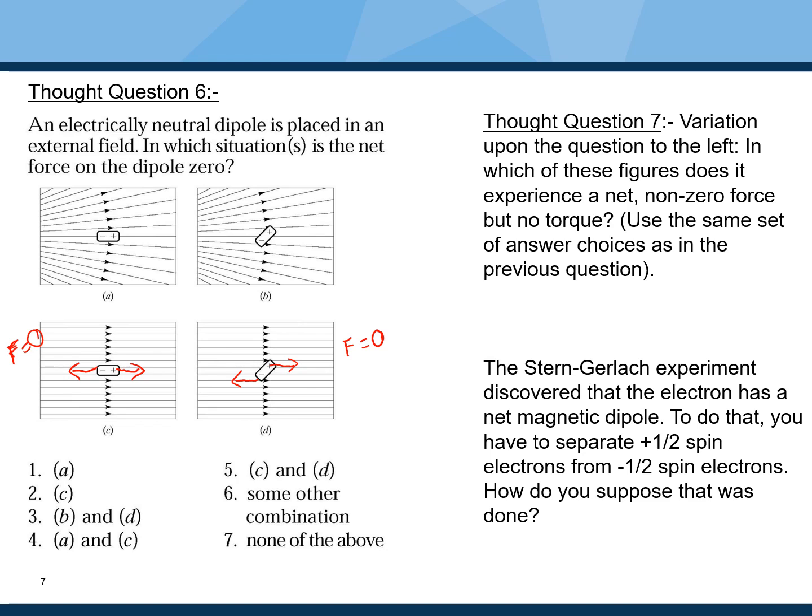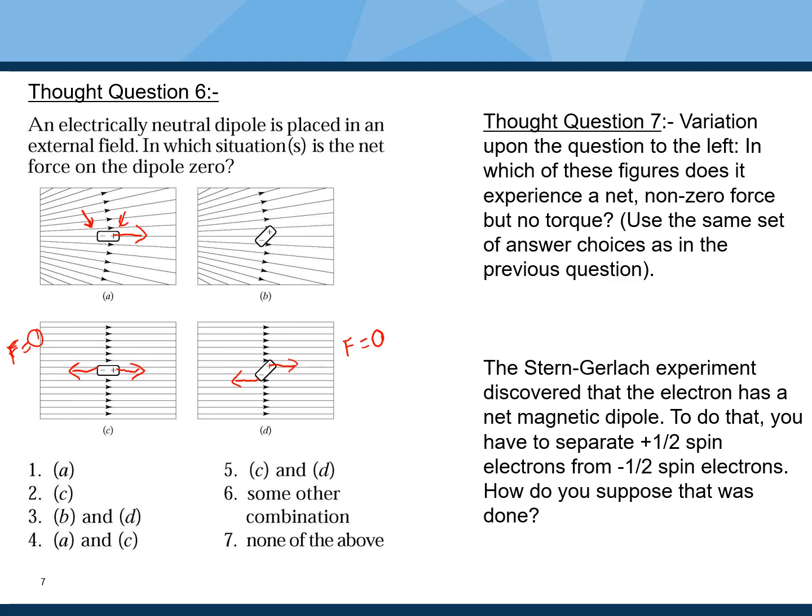Let's go ahead and examine whether or not the net force is 0 in the upper two panels. Let's focus on panel A. We see that in panel A, the positive charge is in a location which has a more dilute electric field than the negative charge. So the positive charge will feel a force in the direction of the electric field.